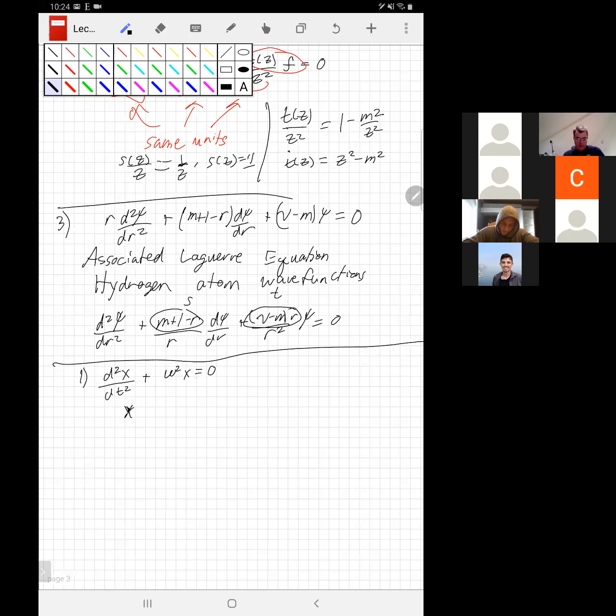Now we know from prior experience that x has got to be c1 e to the i omega t plus c2 e to the minus i omega t, or equivalently, people usually write this as a cosine omega t plus b sine omega t. We know this from prior experience.